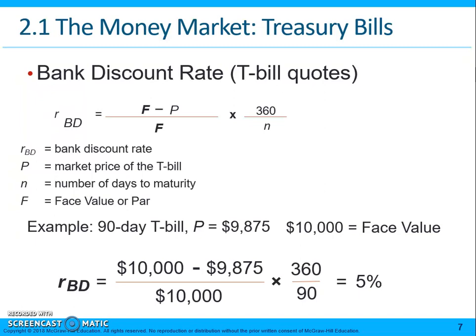In the example below, we've got a 90-day T-bill with a price of $9,875 and a $10,000 face value. So the bank discount rate is $10,000 minus $9,875, divided by $10,000, times 360 divided by N, or 90 days, and that is equal to 0.05 or 5%.